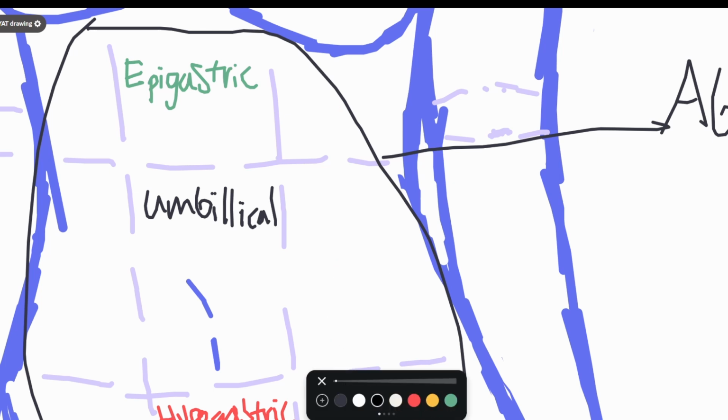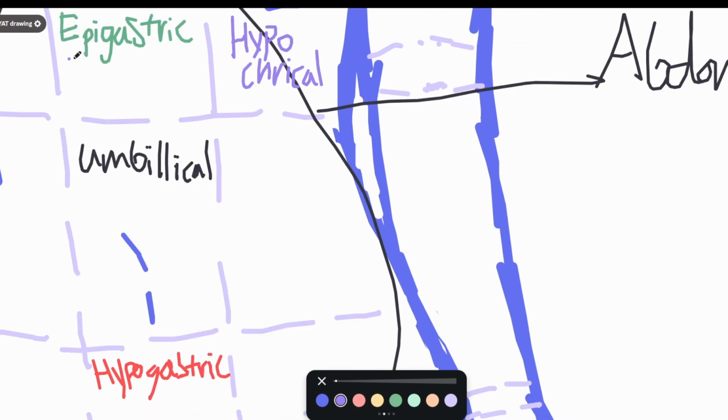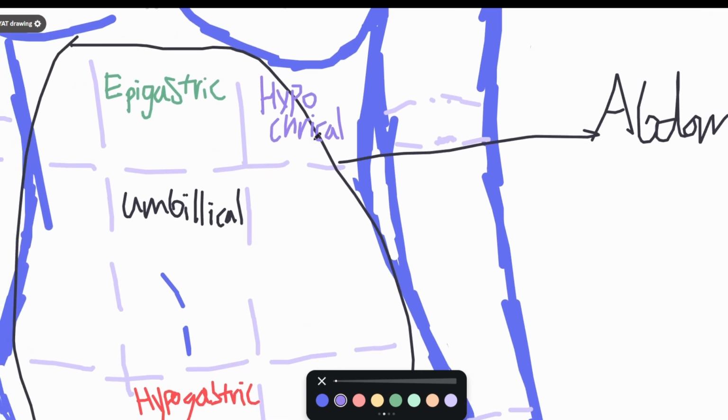Over here, these names vary a little bit more. But how I think about it is this section is called the hypochondriac region. And I know what you're thinking. What, hypo? This here says epigastric. What is the chondrical area, right?